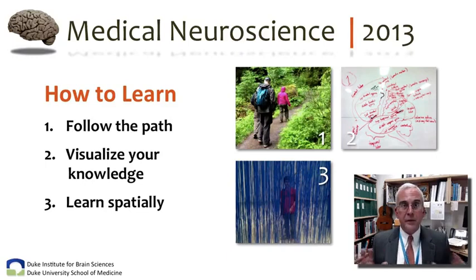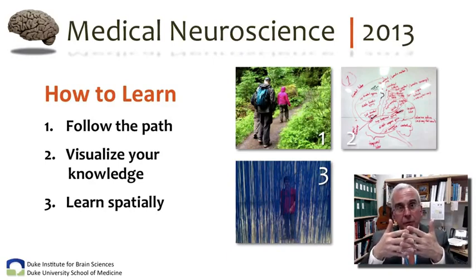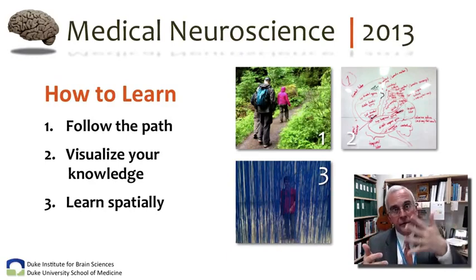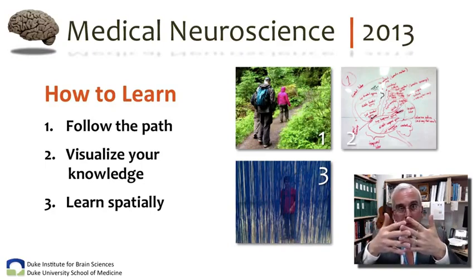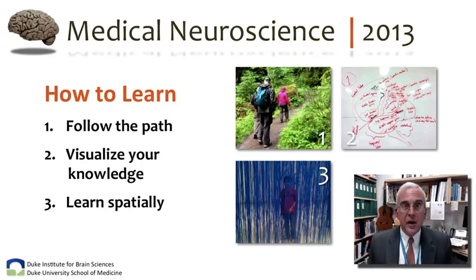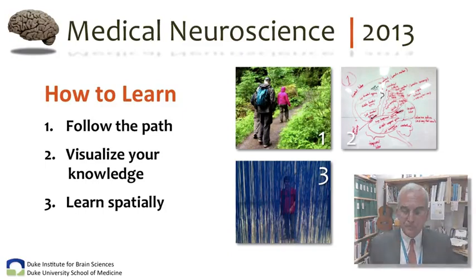The brain is much better at mapping our world than it is at acquiring semantic knowledge. And I think if we can combine these two modes of learning, combine our semantic knowledge with our spatial knowledge, then we build association, and our learning will be all that much more strong and all that much more indelible.